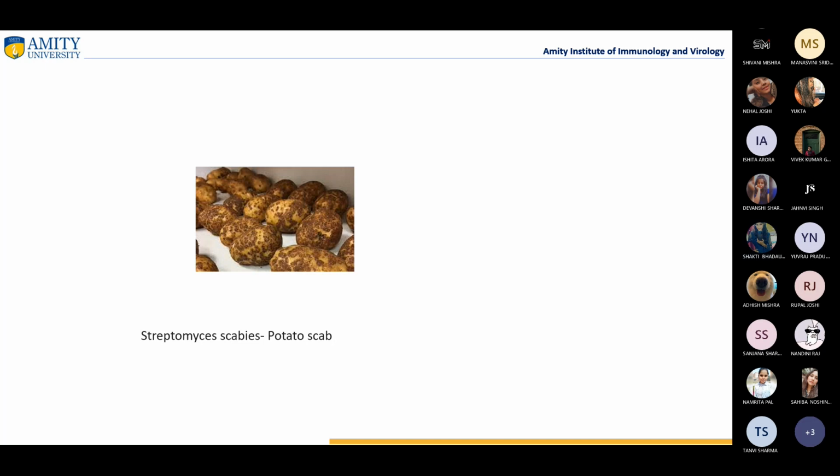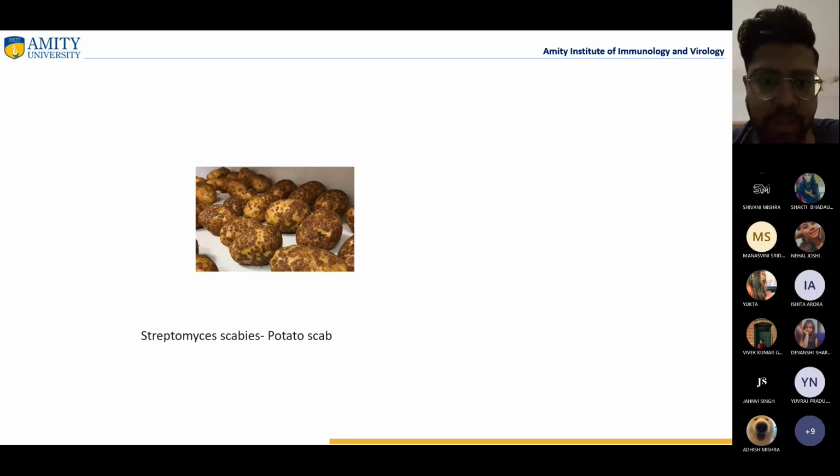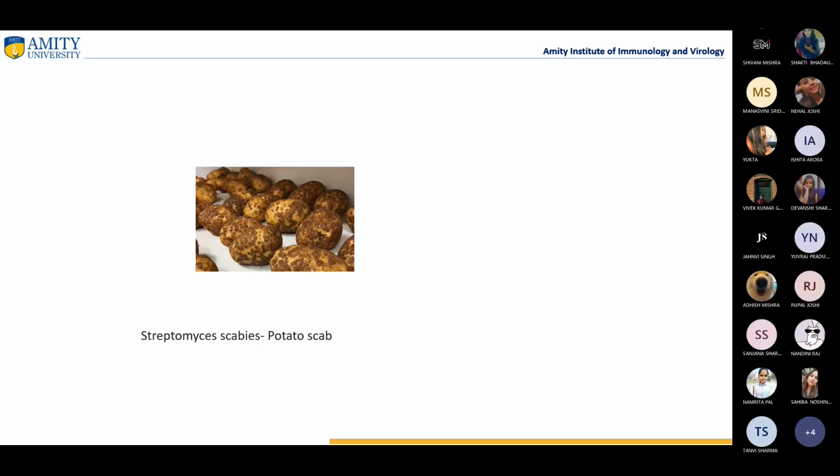Shivani, Tanvi, Present, ma'am. Ridev, Present, ma'am. And then we have Vivek, Yukta, Yuvraj. Present, ma'am. Okay. Vivek, I don't hear you.